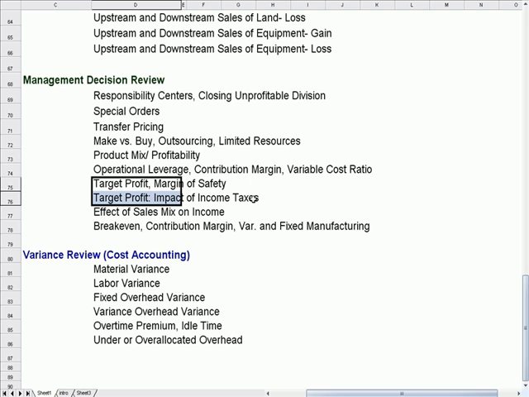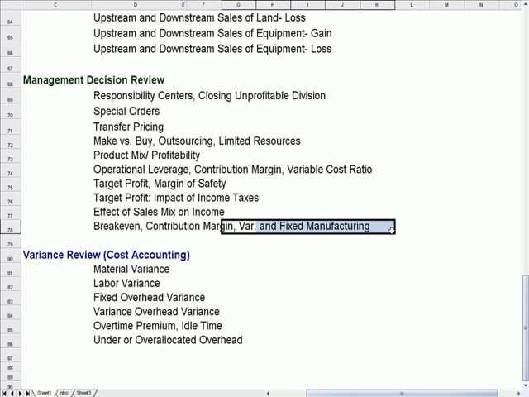If you think about the break-even formula, instead of setting profit to 0, target profit says let's set profit to maybe $2,000 in my example. Break-even, lots of manipulations with the break-even formula both in units and in dollars. Contribution margin. Fixed versus variable manufacturing costs, which includes a discussion of variable costing and absorption costing.